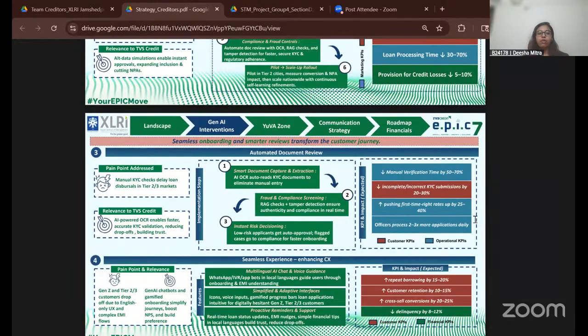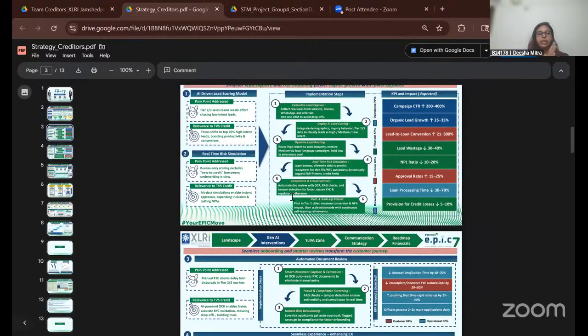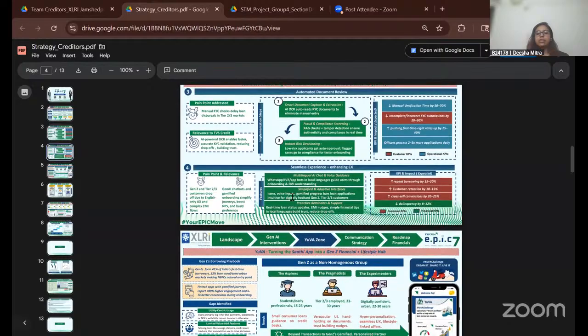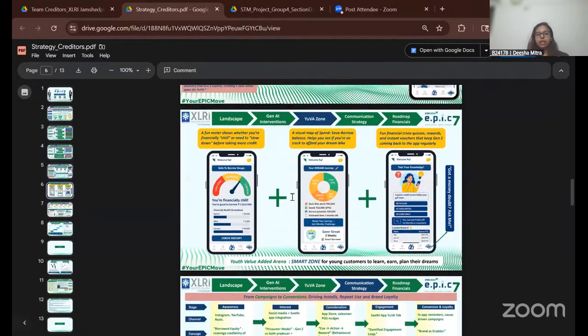Again, the structure we followed: the problem at hand, what my solution is and how, and I'm backing it up through data and KPIs here. So the flow is again followed. One idea we are trying to make more extensive, so that's why we have broken it up, and it looks very clear in terms of structure.